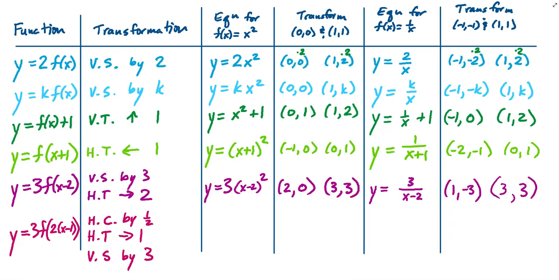Well, what would this look like with y equals x squared? Well, the argument is being replaced with a 2 onto x minus 1. So if f of x equals x squared, this inside part is going everywhere we see an x. So we have 2 onto x minus 1, squared.